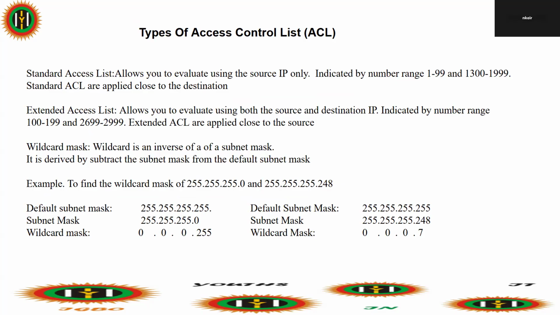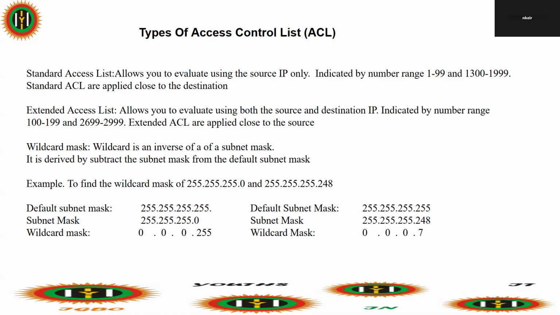So let's talk about these two ACLs. First of all is the standard ACL. What is the difference between both of them? Standard ACL allows you to evaluate using the source IP address only. It does not give you the flexibility to specify any other criteria except the source IP address.